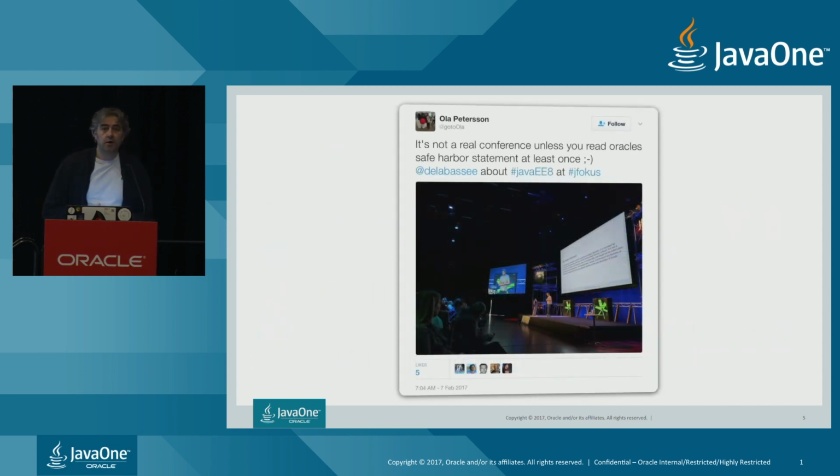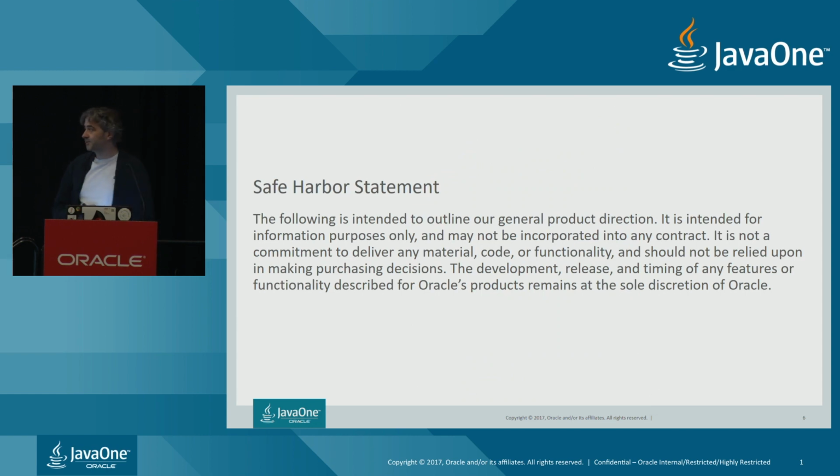So this was me some months ago at JFocus, a conference in Sweden where I was giving a talk, and someone in the audience tweeted that it's not a real conference unless you read the Oracle safe harbor statement at least once. So please enjoy. Today we're going to talk about future, but future as in the concurrent util package, not future as in future stuff that we might do in a product.